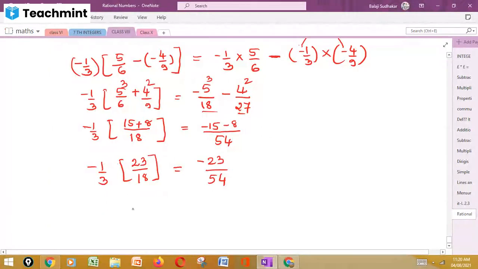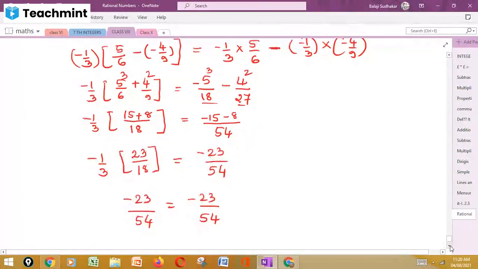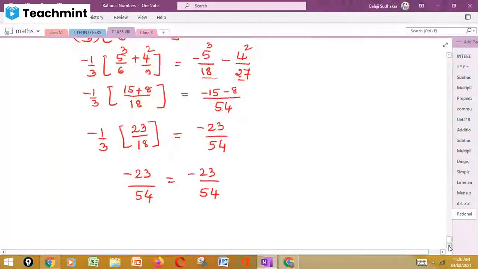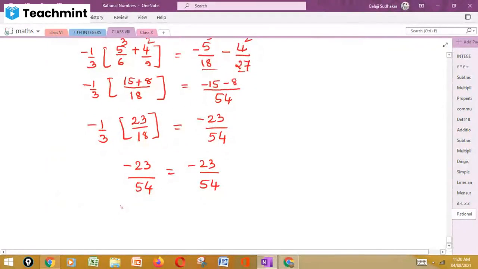Now, minus 1 into 23 is minus 23, and 3 into 18 is 54. Next, minus 23 by 54. Whether LHS is equal to RHS? Yes, sir. Here in this example, LHS is equal to RHS.